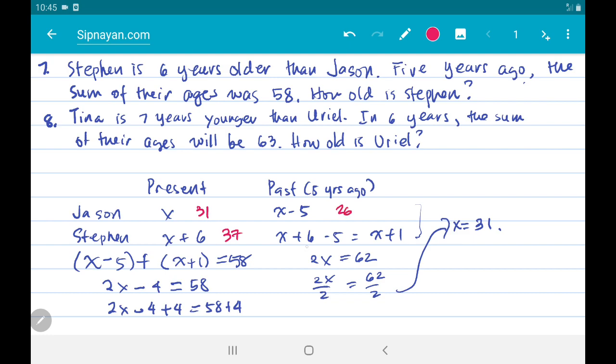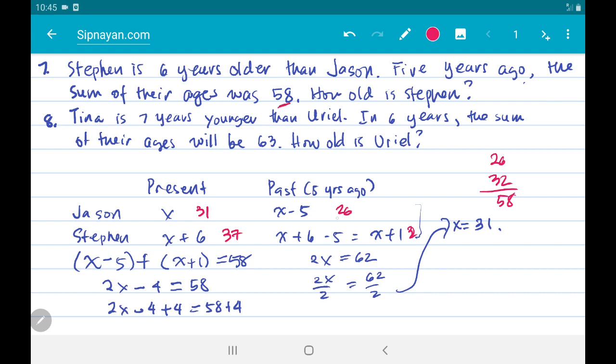At ilang taon si Stephen? 6 years older siya. So, syempre, magpaplasan tayo ng 6 sa age nito. So, plus 6, di ba? So, 32 siya. So, 26 plus 32 is 58, which is yung sinasabi niya dito.